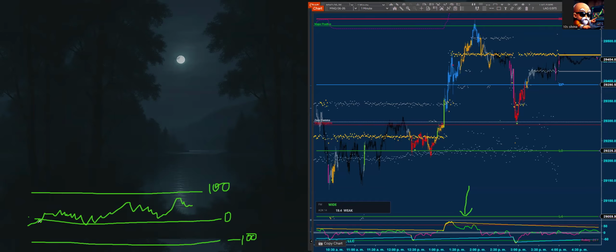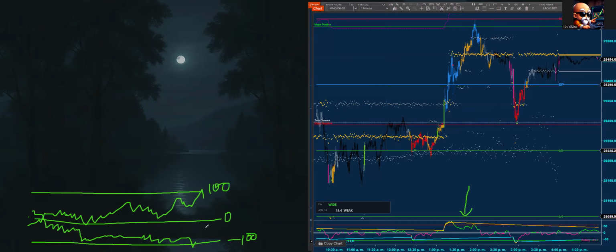But if the rolling crosses below 0 and stays below, that means sellers, holding sellers. But if the rolling goes to 100 and back, that means extreme reversal.